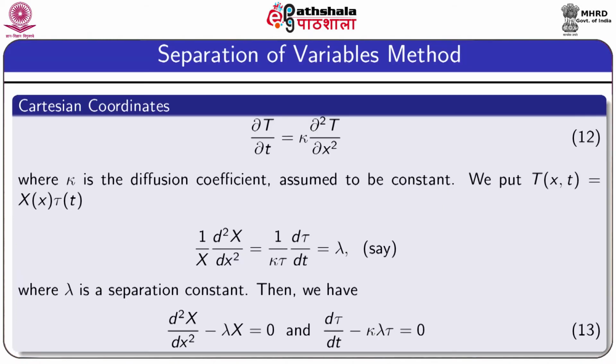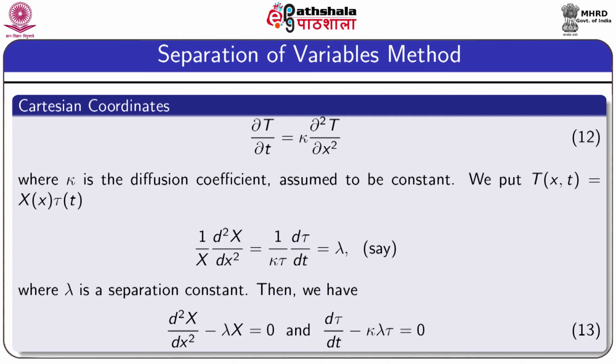The one dimensional heat equation in Cartesian coordinates can be written in this form, which is given in equation number 13. Here we are again using the method of separation of variables. So, T is assumed as a product of capital X and tau, where capital X and tau are functions of x and t respectively.